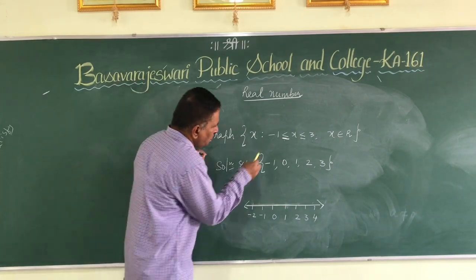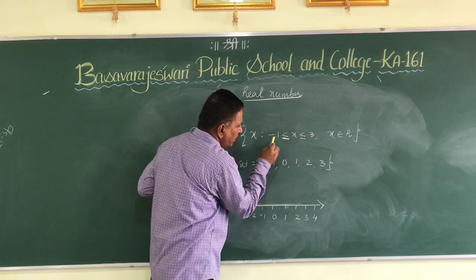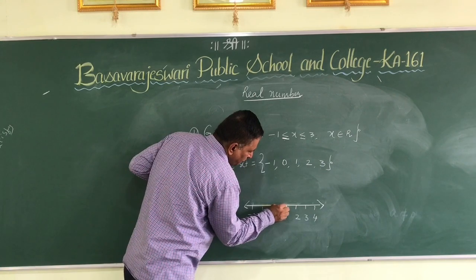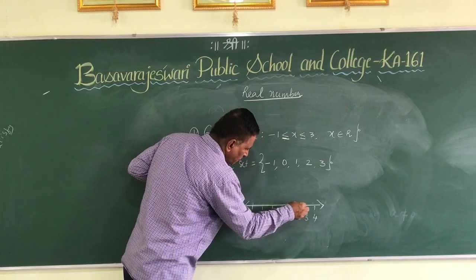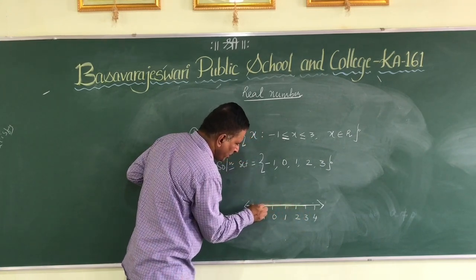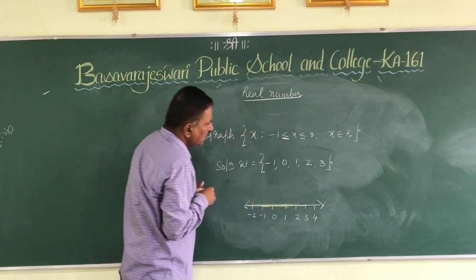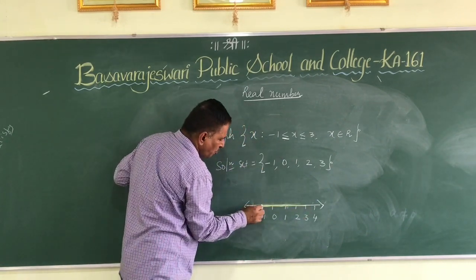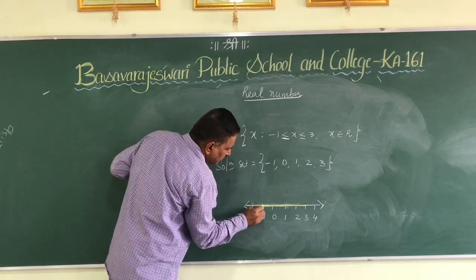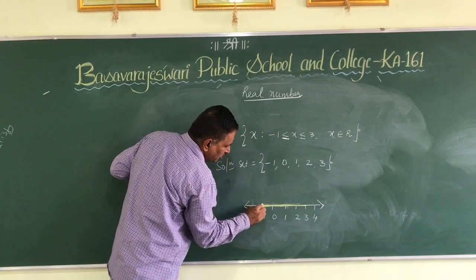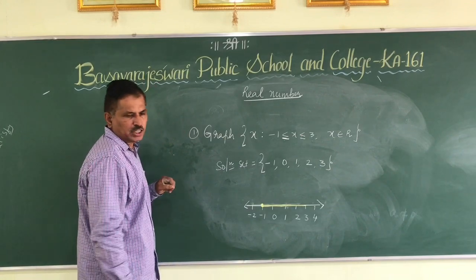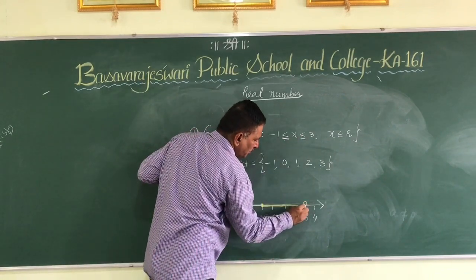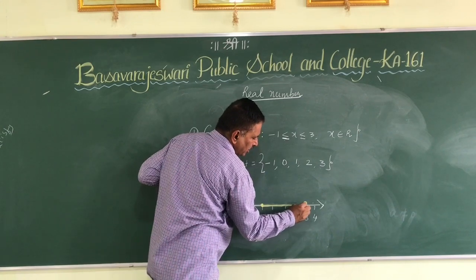So from -1 to 3, you have to draw the line. For -1, the equal sign is given. Therefore, you have to put the solid circle. Here, for 3, the equal sign is given. Again, you have to put the solid circle.